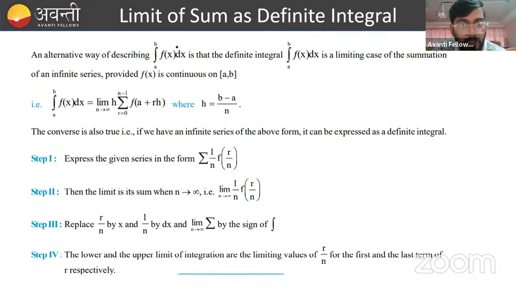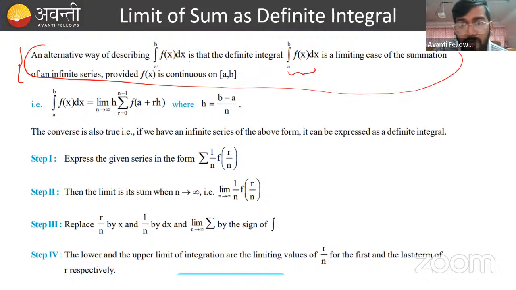An alternative way of describing area under the curve from a to b is that the definite integral a to b is a limiting case of the summation of an infinite series. So do not get very much confused or scared by these types of statements.